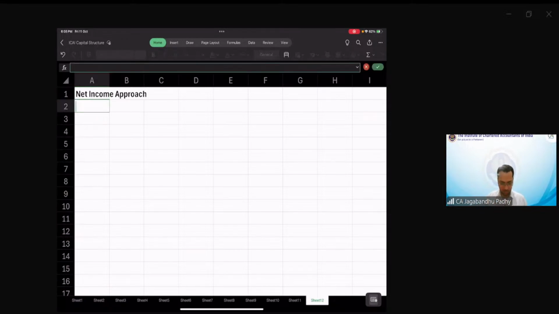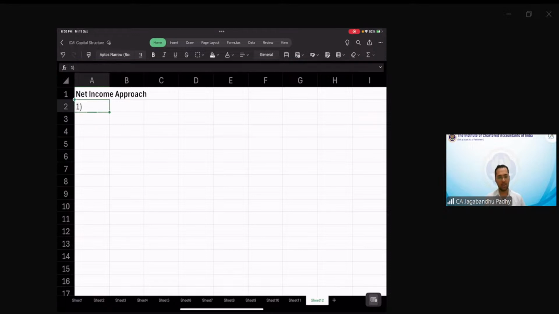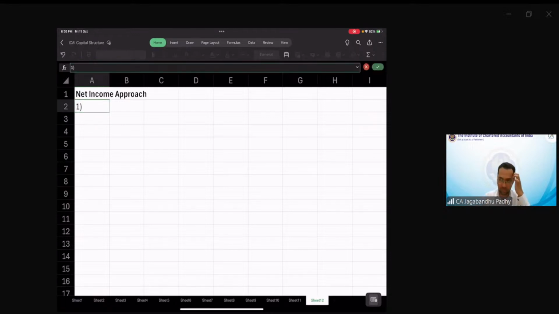So the first point which they state is about cost of debt and the cost of equity.